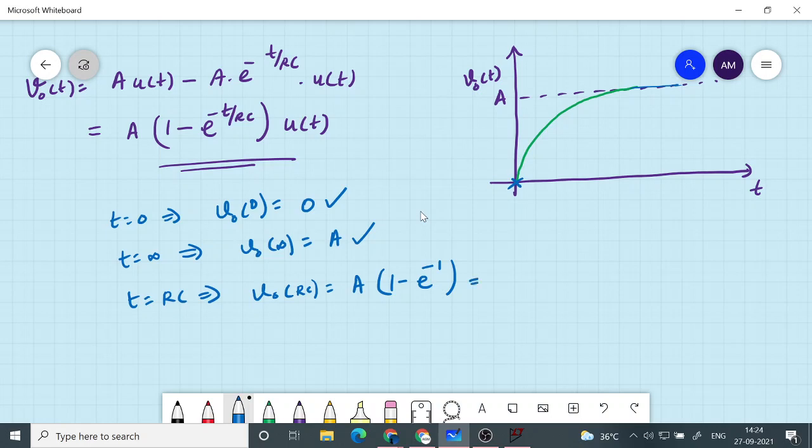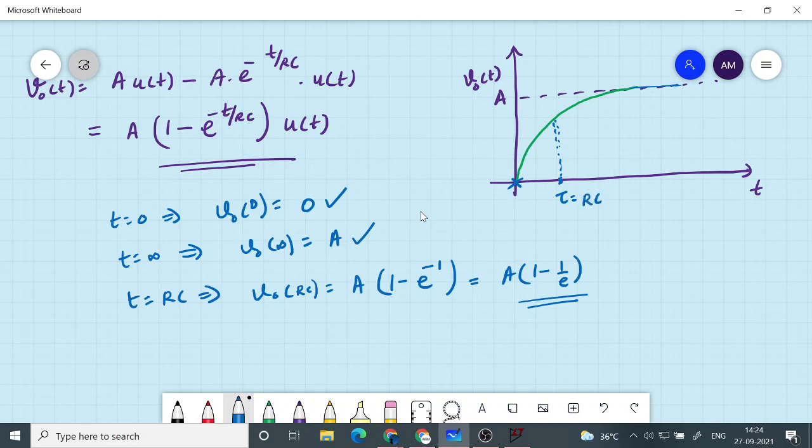So this is basically A into 1 minus 1 by e. You can use a calculator to evaluate this value and check. This is called the time constant.